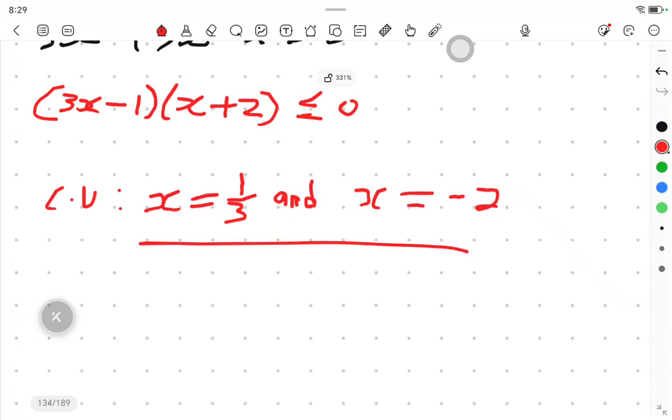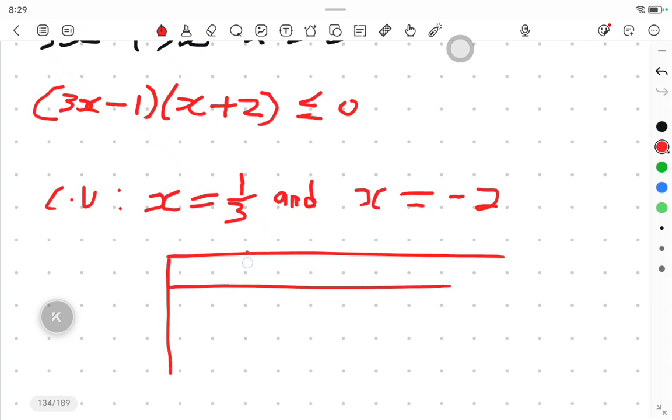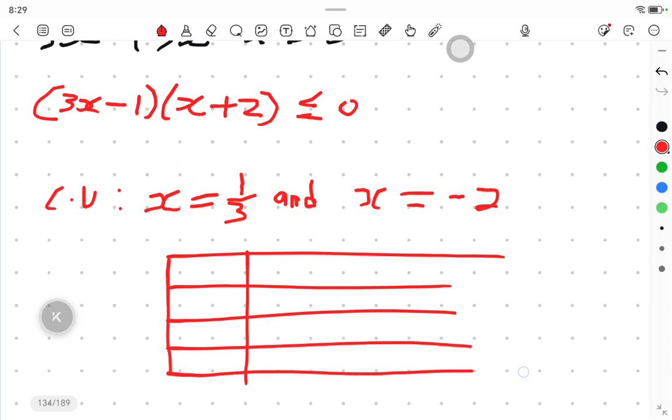And then now we are having these critical values, right? Then we're going to use a table now. In the table, we need these sections. We have 2 functions here, right? So it means that I'll need the table to be like this. Then I'll draw 3 sections here. This is just an empty table, your empty row.